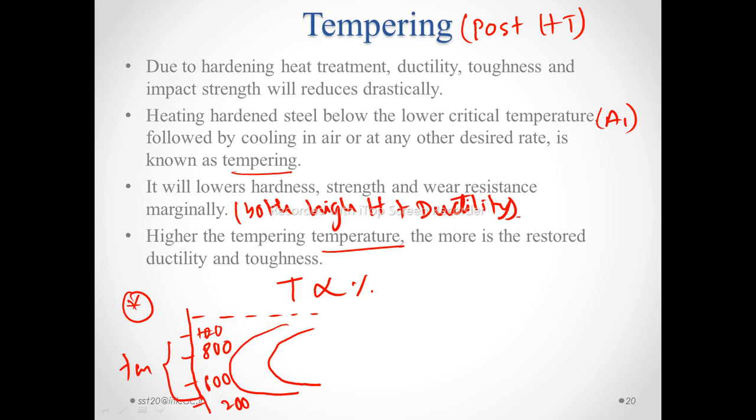I'm not remembering the temperatures exactly. On the basis of this, they are divided into 3 to 4 stages of tempering, so that we can get different tempering microstructures. I will explain these stages in the next separate video.